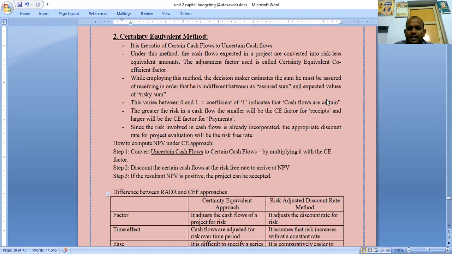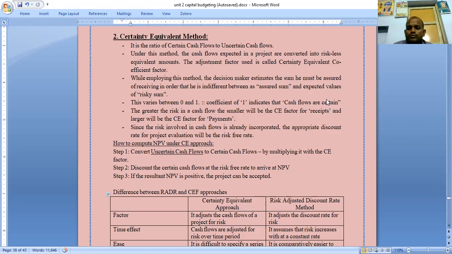So cash flows are divided into riskless and risky. If riskless cash flows are more, then consider the project. If riskless cash flows are less, then check the project. This is the certainty equivalent method.